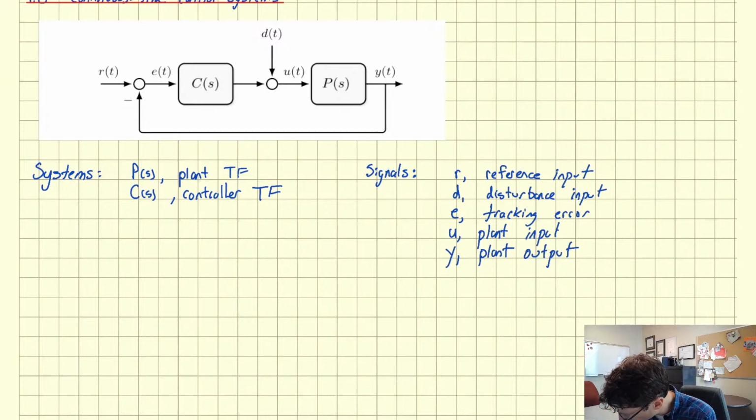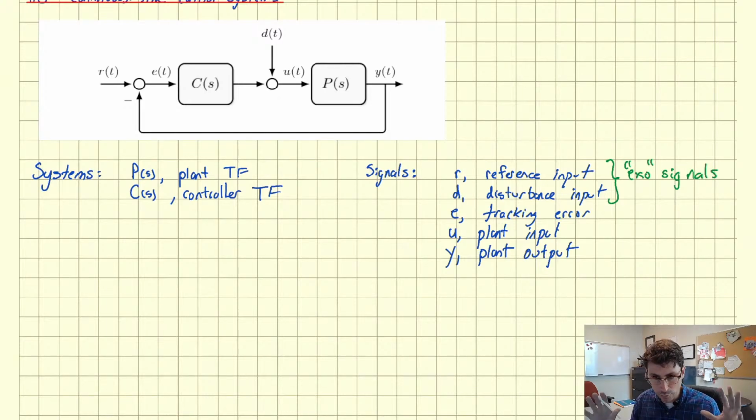So these are typically called exo signals. Exo meaning from the outside world, right? So those are the independent inputs after you've closed the loop. Once you've closed the loop, the inputs to the closed loop system are the reference and the disturbance. Everything else is dependent, right? E, U, and Y are dependent signals on R and D.